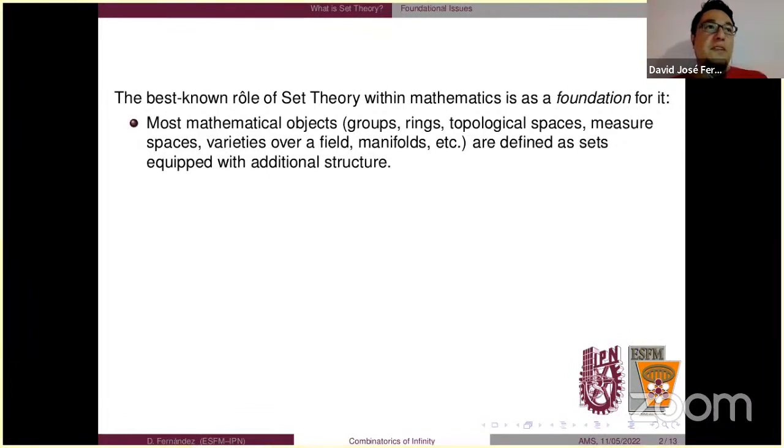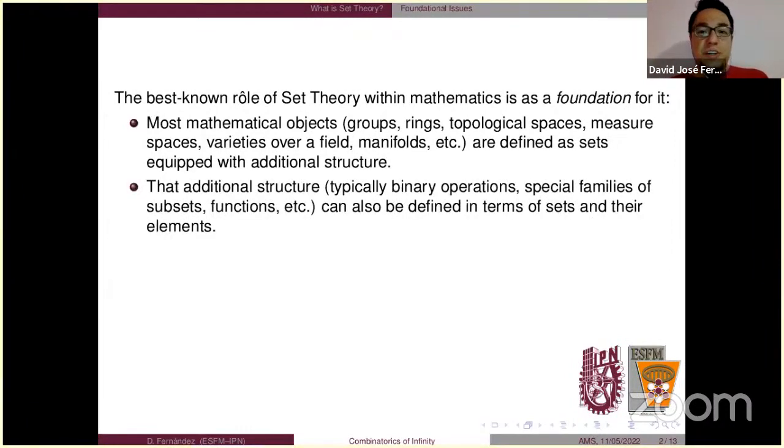So there's always this idea that mathematical objects are just sets with some additional structure, and that additional structure can also be defined in terms of sets and their elements. For example, in a ring, the additional structure is a couple of binary operations.